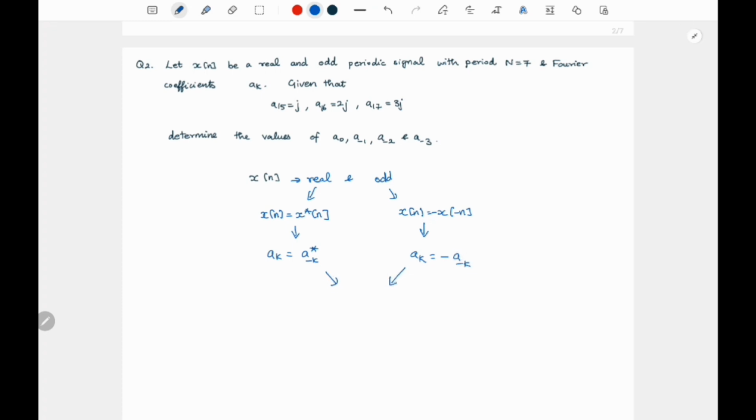So both together imply that your ak is equal to minus ak conjugate. So this says that your aks are odd and this says that your aks are purely imaginary.